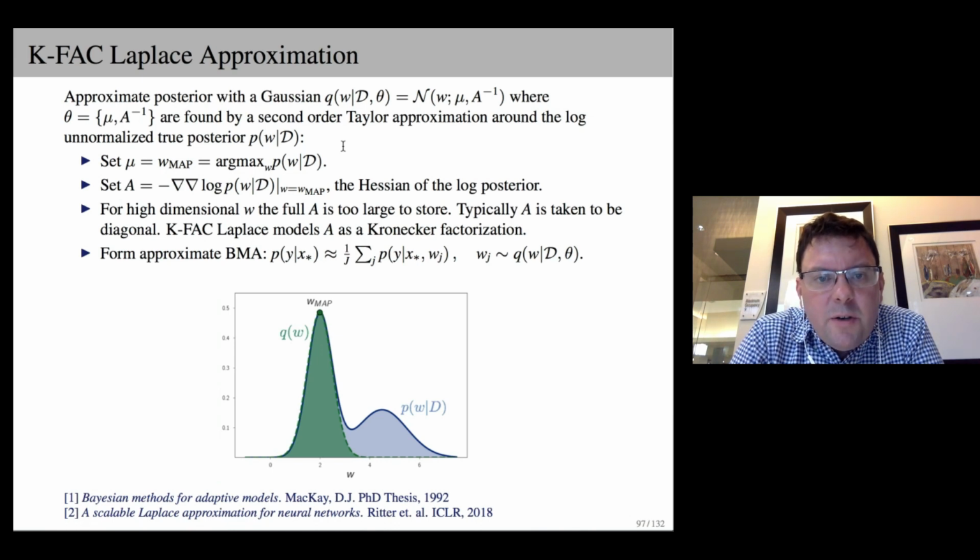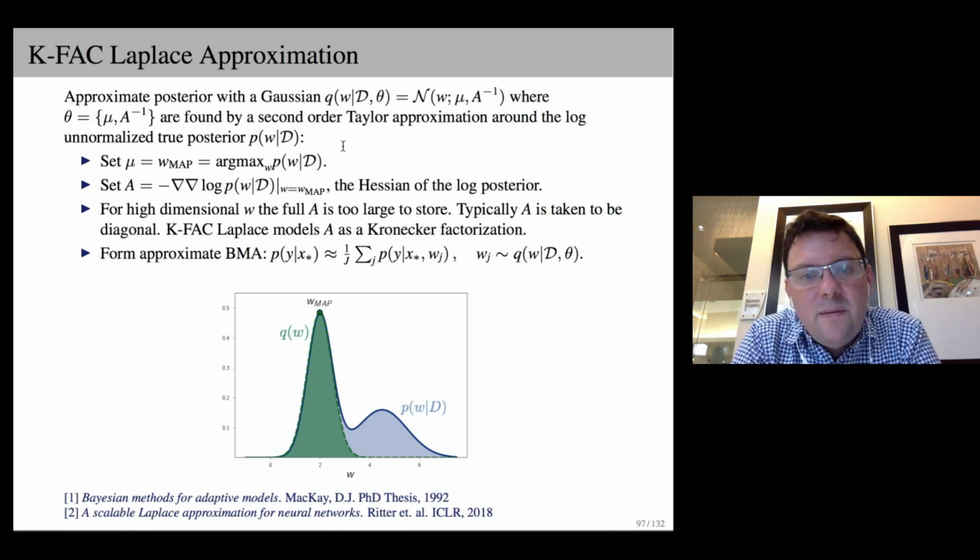So for a high dimensional parameter space, this A matrix is way too large to store. If w is 10 million dimensional, typically A is taken to be diagonal, like in David MacKay's work, or recently A has been expressed as a Kronecker product of much smaller matrices, which is more expressive than the diagonal approximation and leads to better results, but it's still scalable.